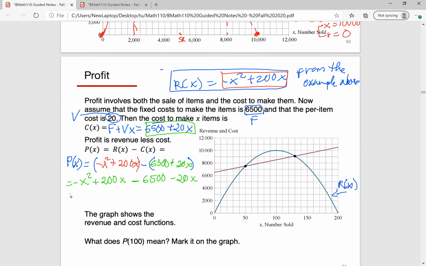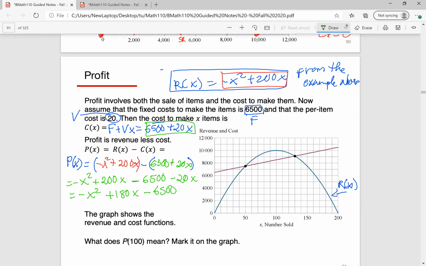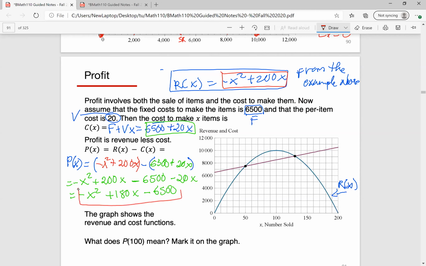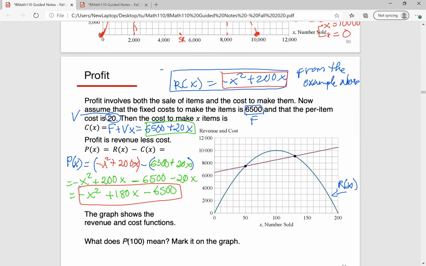So you will have negative x squared plus 180x minus 6,500. That's gonna be the profit function for our example.